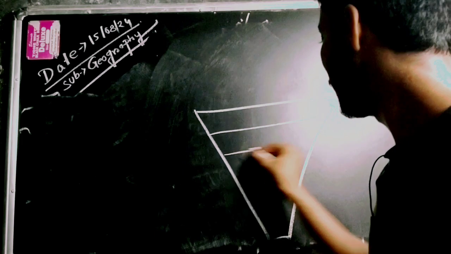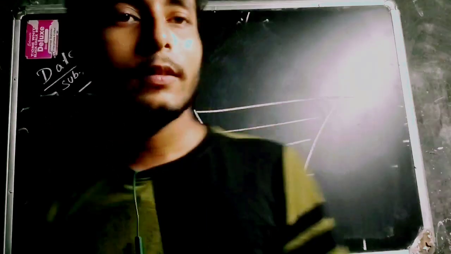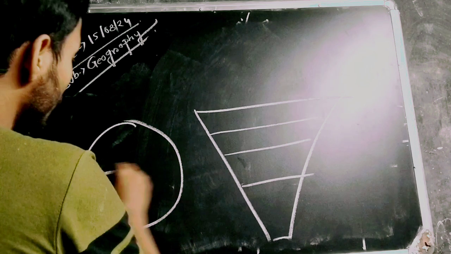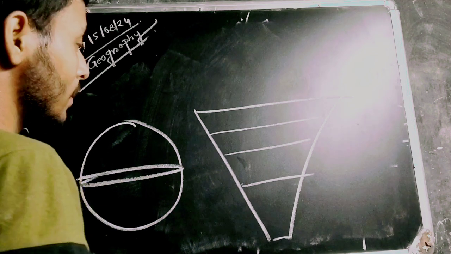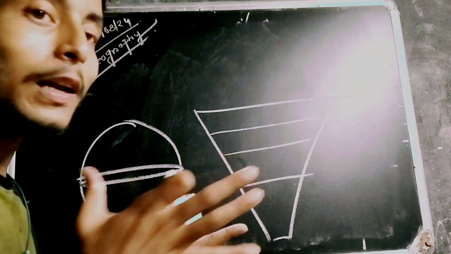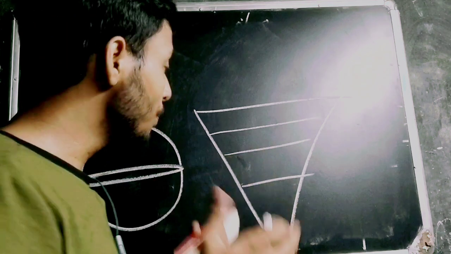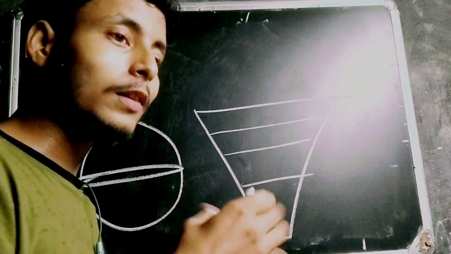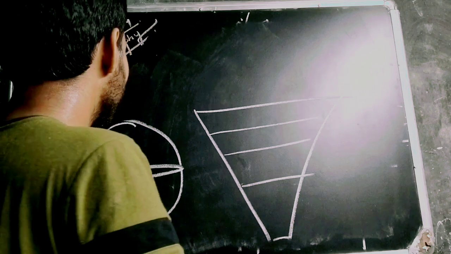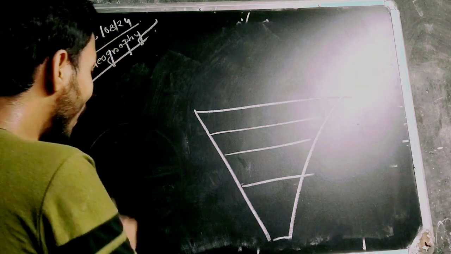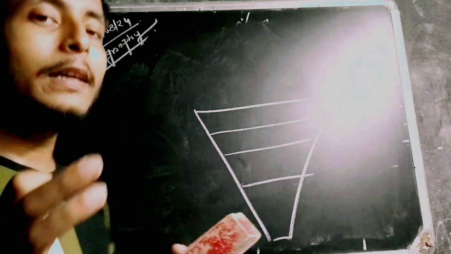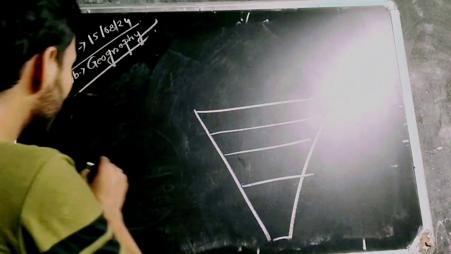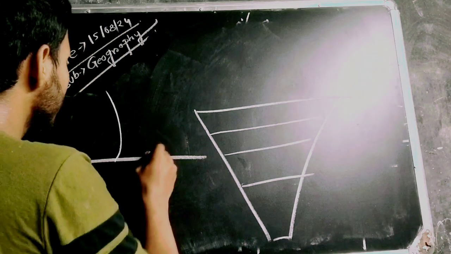If we think this is the earth and we cut it into two pieces, then we can know about the earth's core or interior. We can understand this more easily from a tree.